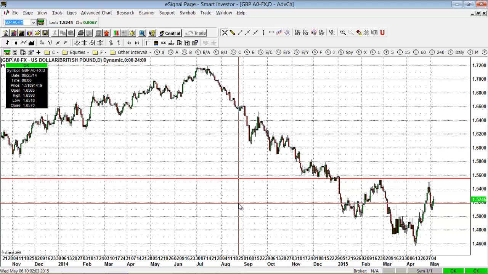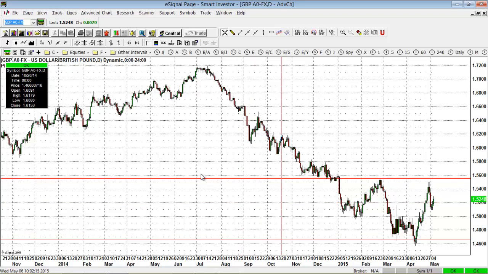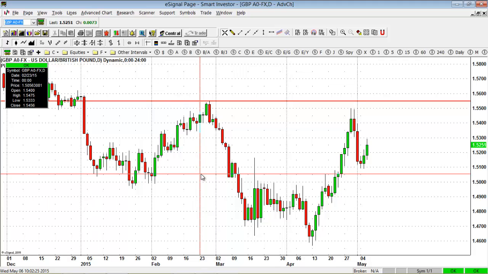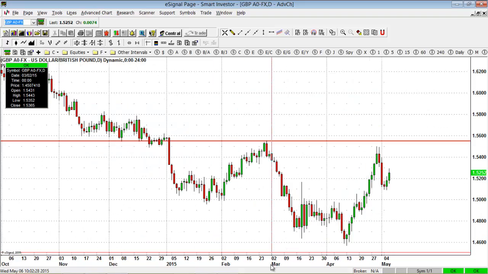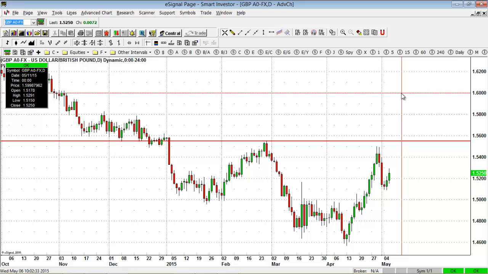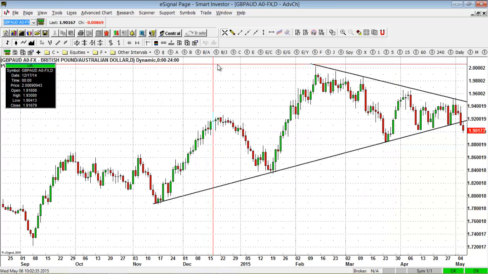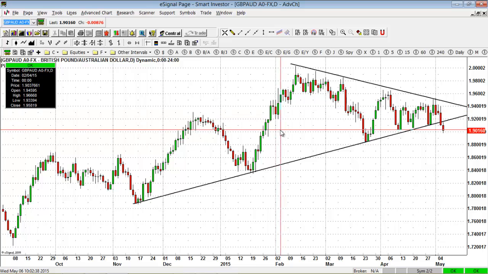But tomorrow there is a British election, and it could definitely affect the direction of where the pound goes. So for you folks that are in positions with the British pound and are trading the British pound, we will keep an eye on the election results to see which way the market reacts, whether the Conservatives win or the Labour Party wins.